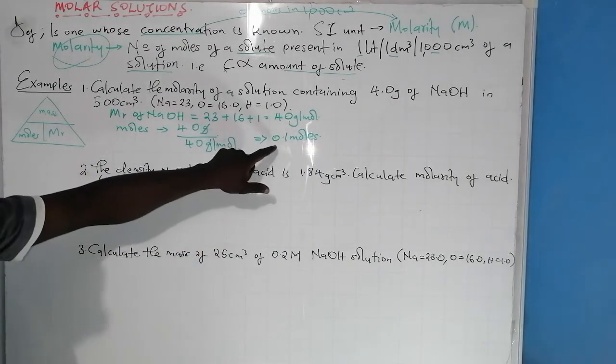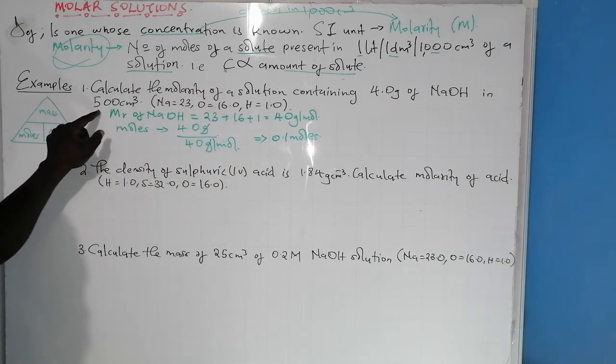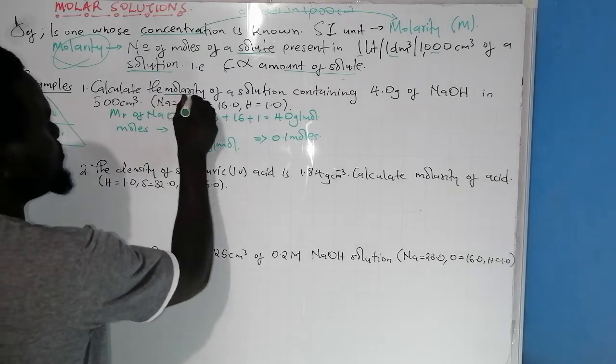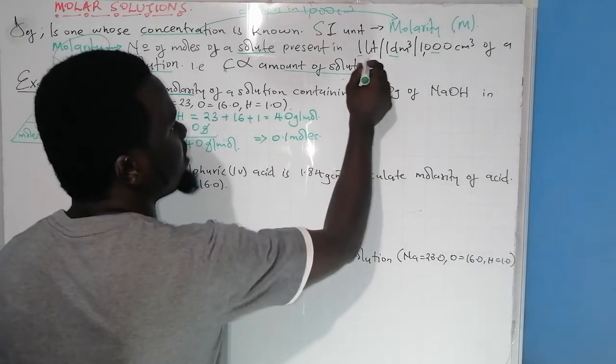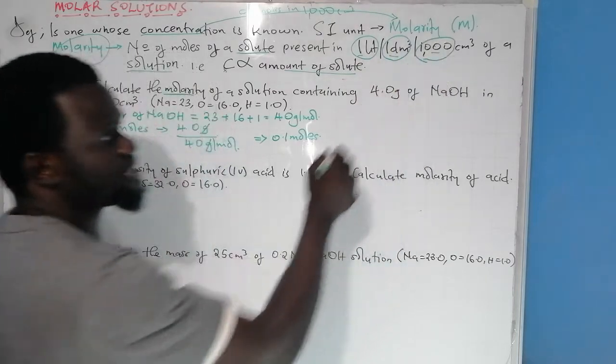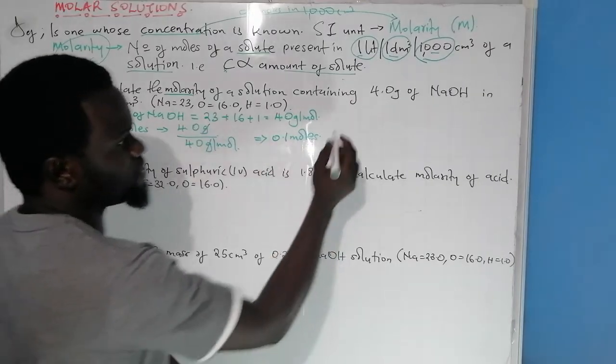So this number of moles of sodium hydroxide is contained in 500 cubic centimeter of a solution. And how do I calculate molarity? We said molarity must be in 1 liter, 1 decimeter cube, or 1,000 cubic centimeter of a solution. So I'll ask myself this question.